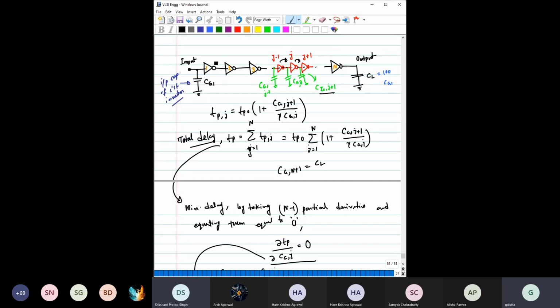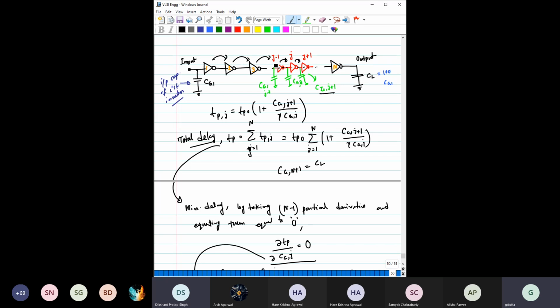Basically, then you are saying we know what is the scaling factor for each case, and we also know what is the total fan out, or means what is the CL by CG1. So if you know what is the scaling factor for each, and if we know how many stages are there, then we should be also able to find that factor.